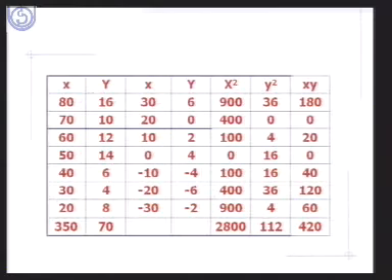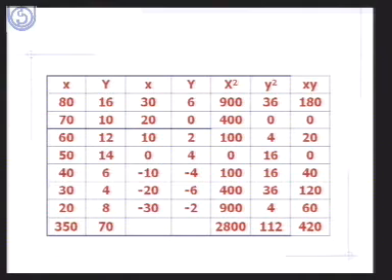You can see the calculation of this. Suppose x scores of different individuals are given. The last row is the aggregate, the summation of every column. Y is the scores of another variable. We are interested in calculating the coefficient of correlation. So, the first column is the x variable, the second column is the y variable, and the third and fourth are small x and small y, which are deviations from their corresponding means.